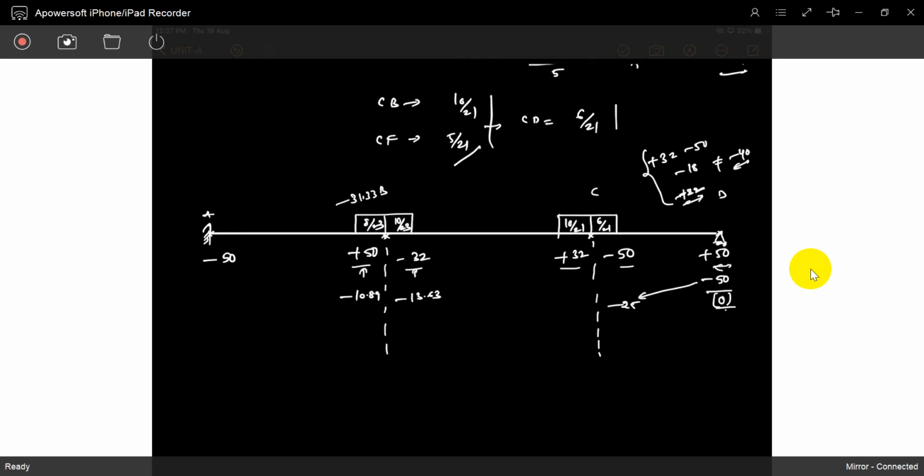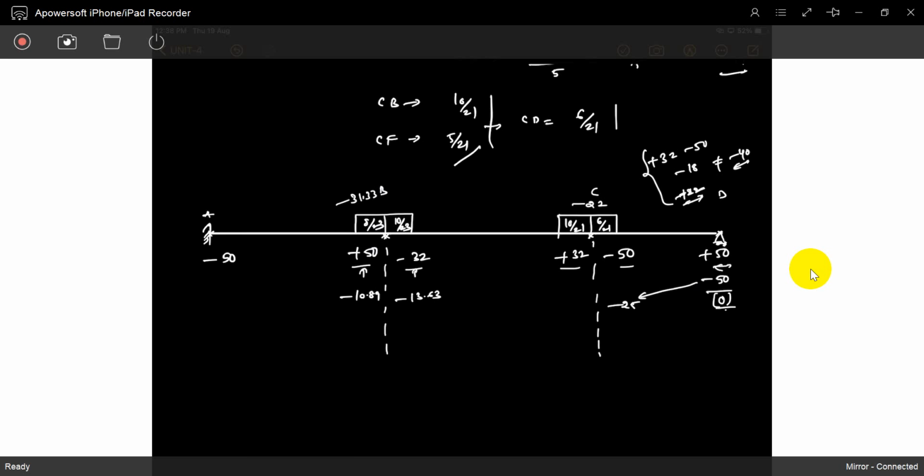So you add it, you will get minus 18. It is not equal to minus 40. If you want to get minus 40, what will we do? You have to add minus 22. That's it, sufficient.